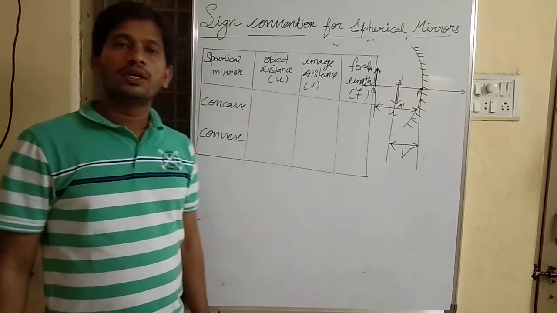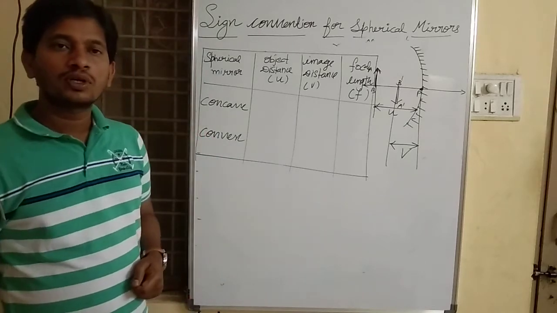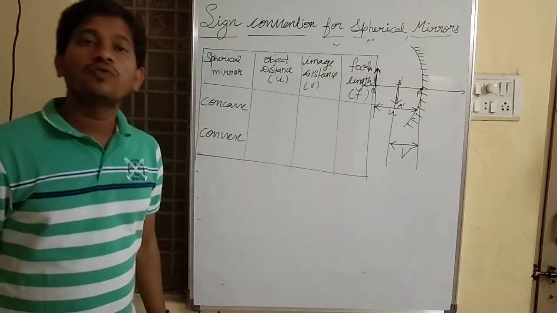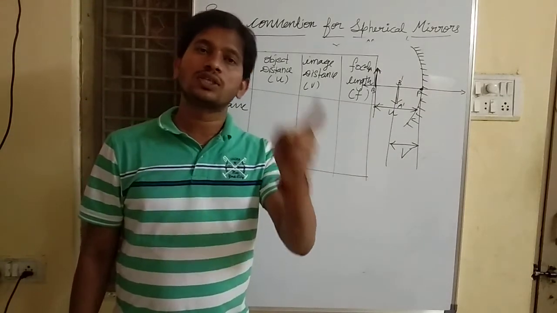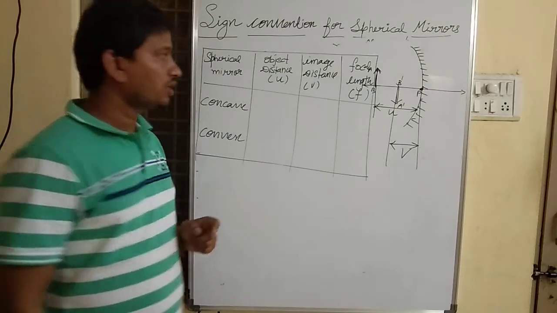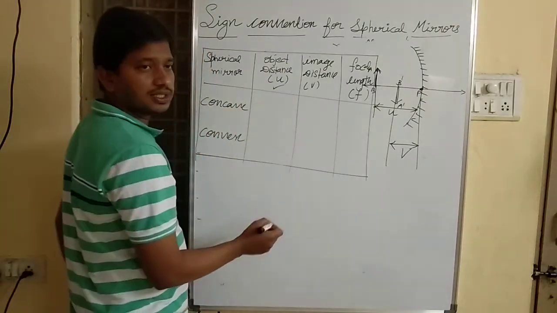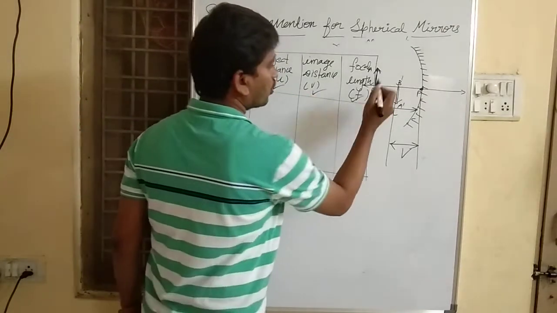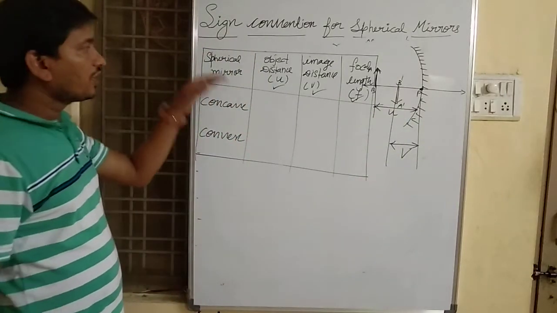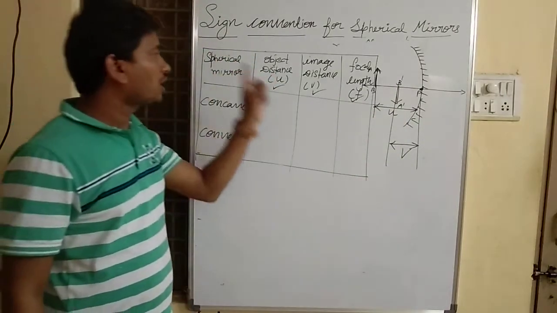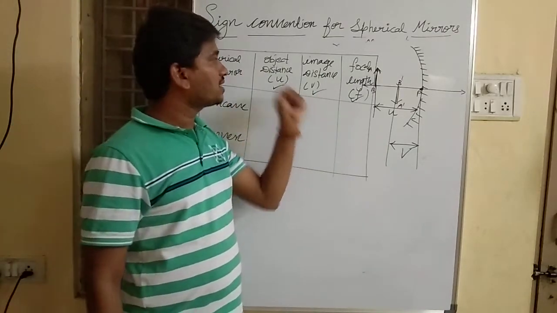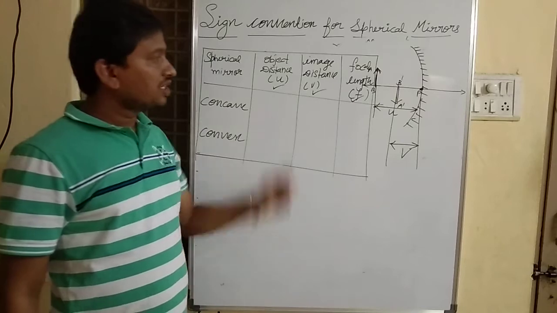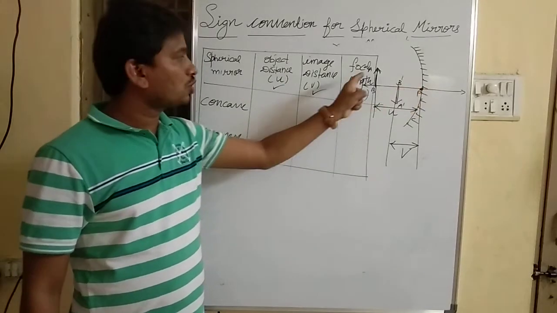Focal length is nothing but the distance between pole and focus. So my 3 points: distance between object and pole is object distance, distance between image and pole is image distance, and distance between pole and focus is focal length.